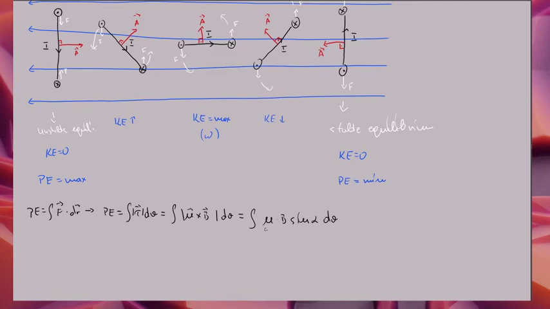And of course mu is a constant. Remember that mu is I times A, so A of the loop doesn't change, the current stays the same, so this is a constant. The magnetic field is a constant, so this can be pulled out, and so what I have is mu B sine alpha d theta.